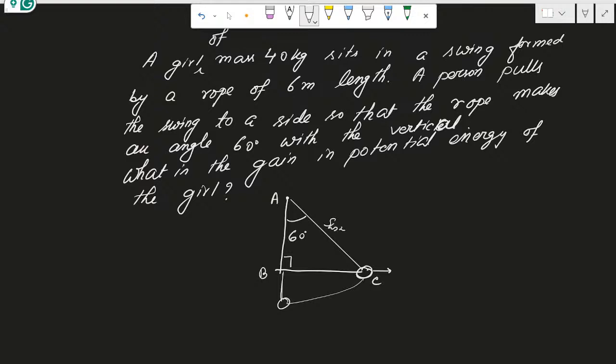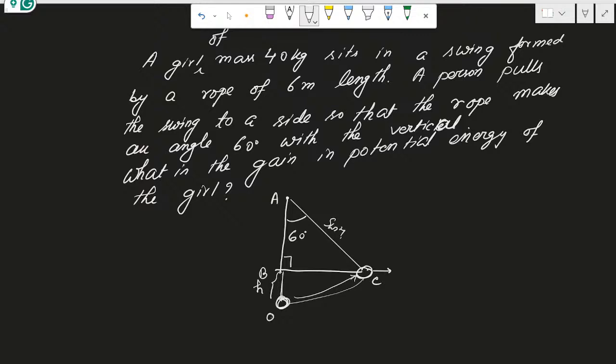Now, if this is the mean position, suppose this position is O, so OB is the mean position, and this height from O to B we can consider H, because this is the height covered by the girl when the swing is pulled.